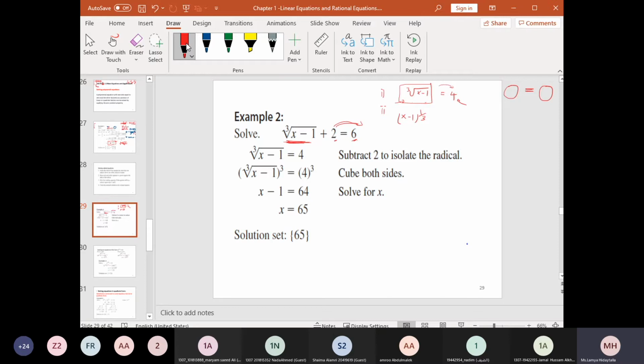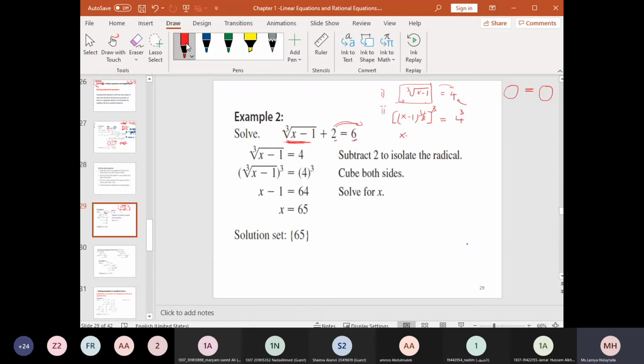Now if I cube both hands, this is to the power 3 and this equals 4 to the power 3. Then 1 over 3 times 3 is 1, so it cancels. I did it on purpose to cancel it, right?